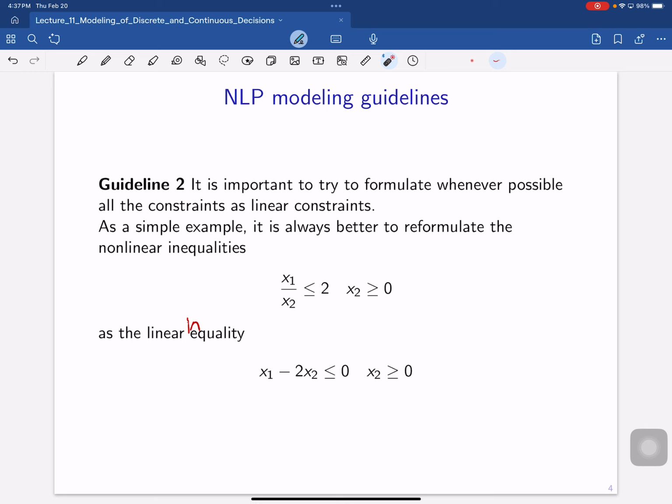Right? So in this problem, even if x2 is equal to 0, 0 and 0 is a feasible solution. For the first problem, it will have numerical issues if both x1 and x2 go to 0. So I think that could be another reason you want to formulate it as a linear inequality.